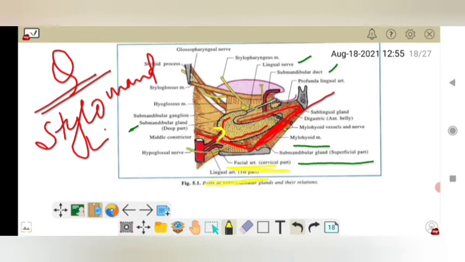The apex of the parotid gland also lies in the digastric triangle. Both glands, the submandibular and the apex of the parotid gland, lie in the digastric triangle, and both glands are separated by the stylomandibular ligament. And in the floor of the mouth, the sublingual and submandibular glands are separated by the mylohyoid muscle.